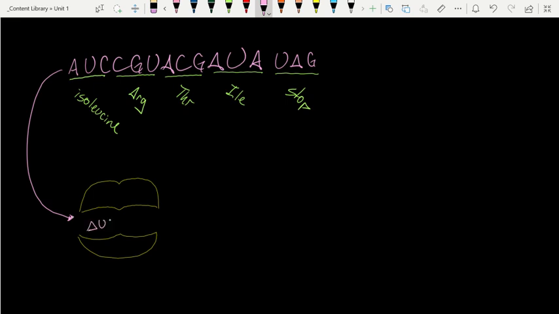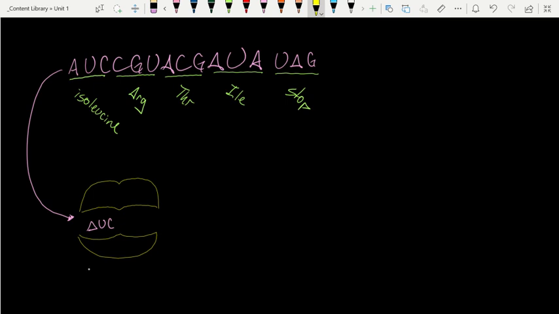right? AUC is here. The body has another type of RNA called a tRNA, and it's going to read just the opposite. A's always bind with T's, or in this case U's because we're talking about RNA, and C's always bind with G's. So along comes this tRNA, and the tRNA has a sequence that recognizes that triplet codon.